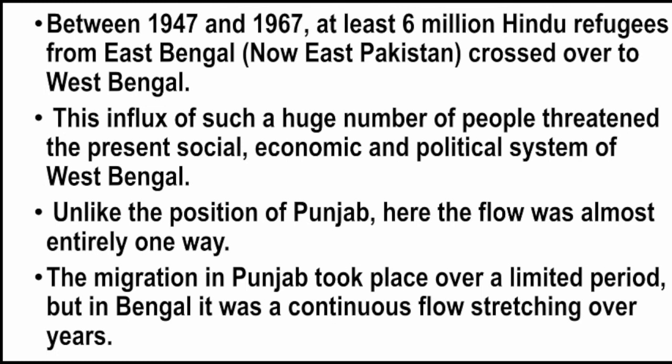It put great challenges before the government of West Bengal as well as the central government to settle these people. The migration in Punjab took place within a few months, but in Bengal the migration continued for at least 20 to 25 years. So it was difficult to settle the refugees who were coming from East Bengal or East Pakistan.